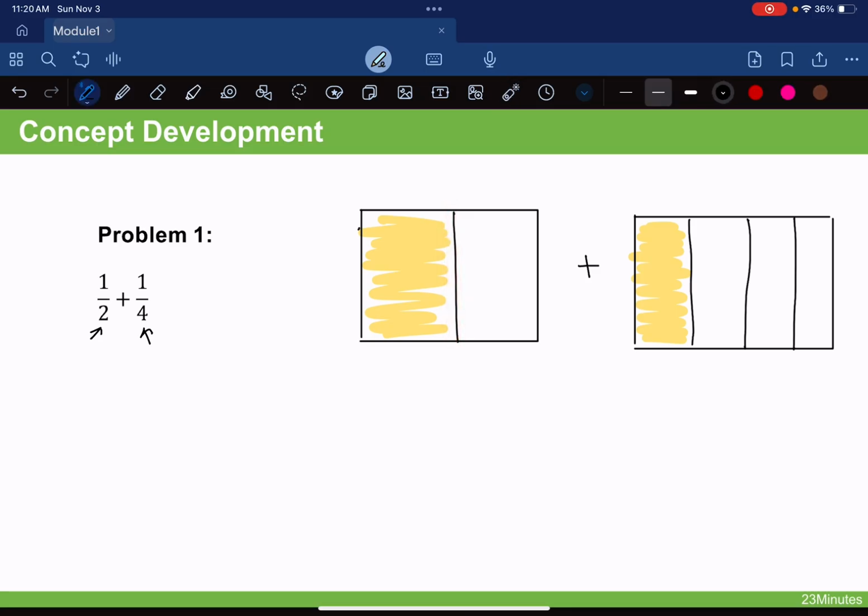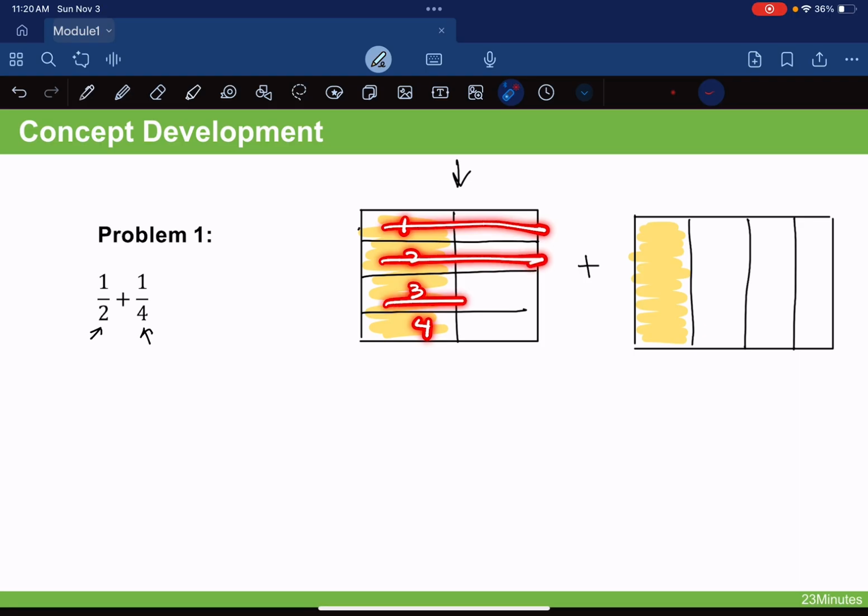Now we are going to take our half and split it into 4s going the other direction. So I'm going to cut it in half, and I can cut the halves in half so that I now have 1, 2, 3, 4 sections going horizontally, and I have 2 sections going vertically.